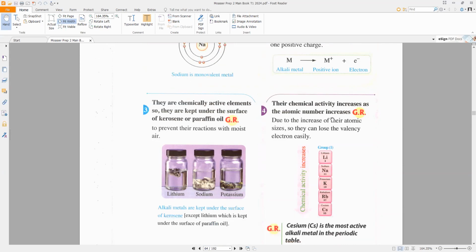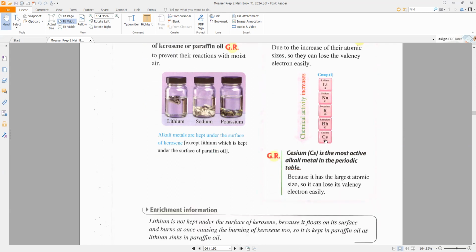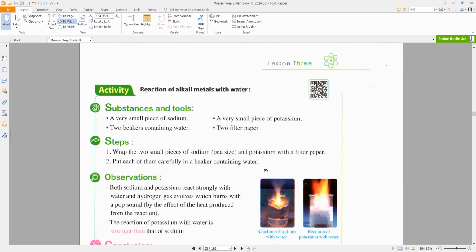Cesium is the most active alkali metal because it has the largest size, so it loses the valence electron most easily.